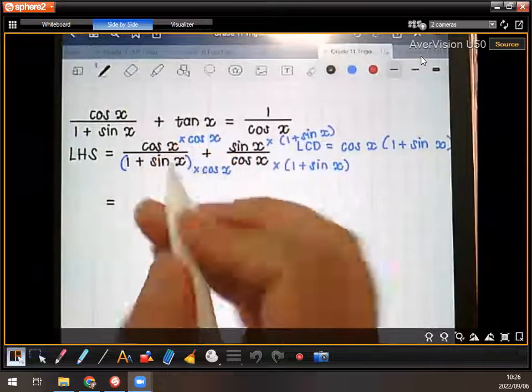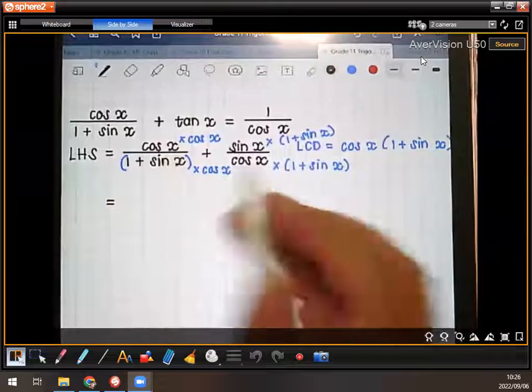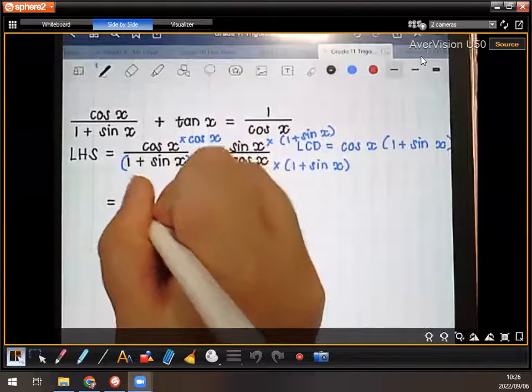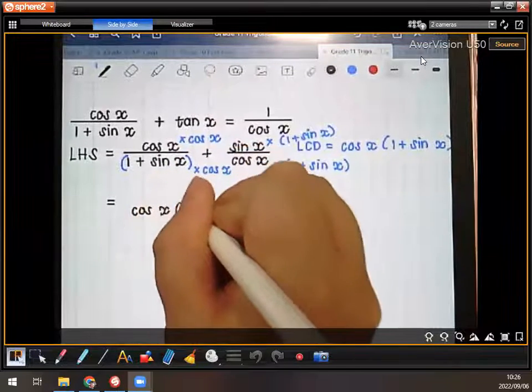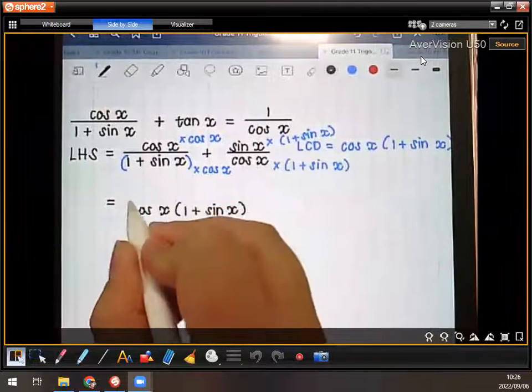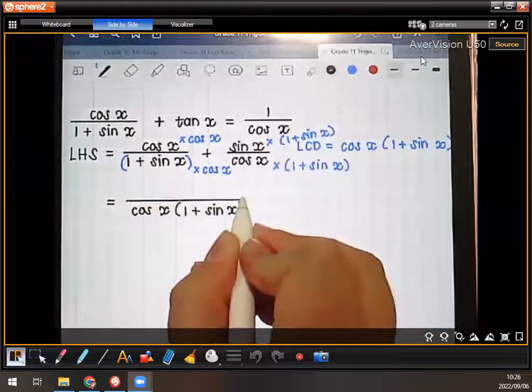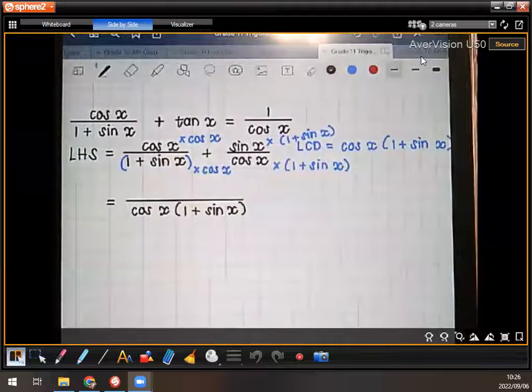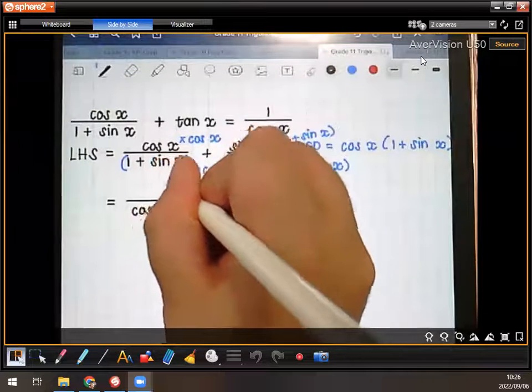Okay, next step. When I do this multiplication, this first fraction is going to be over my LCD. So cos x times 1 plus sine x. And at the top, what am I going to have if I say cos x times cos x? Cos squared.